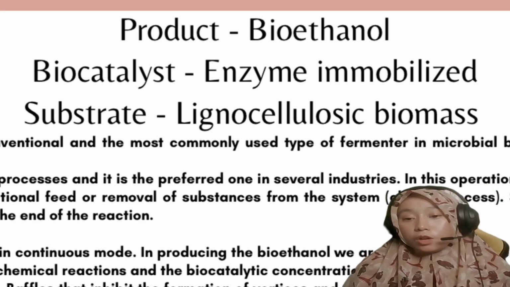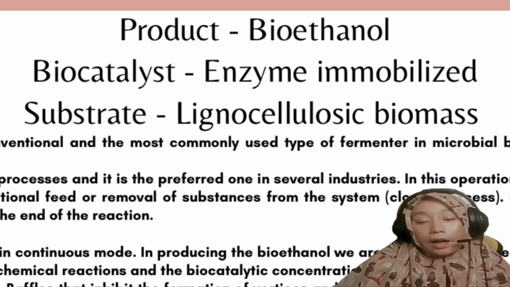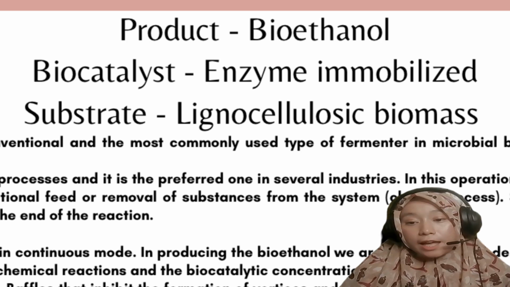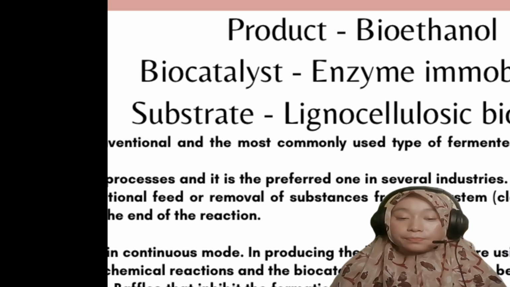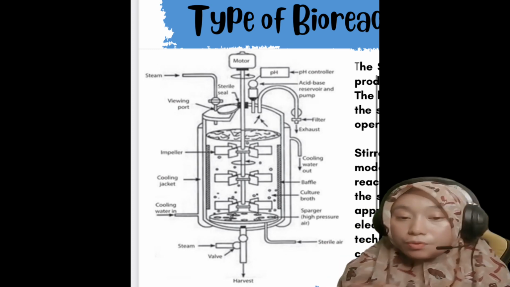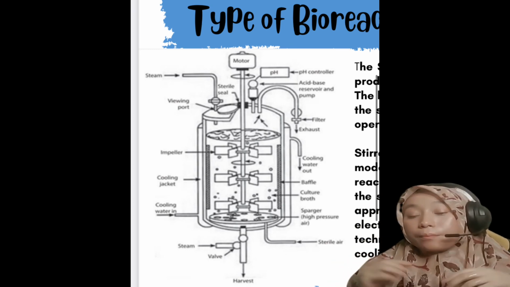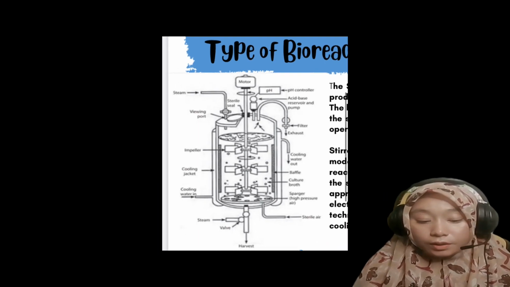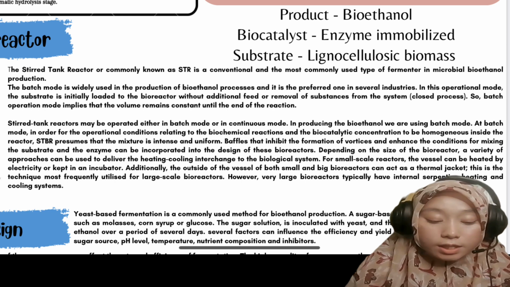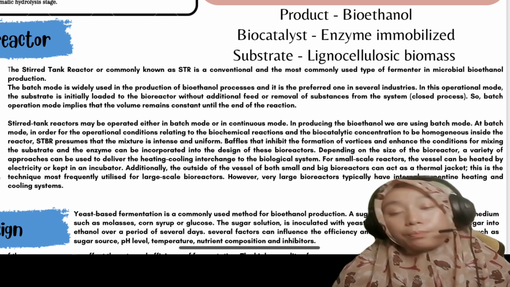Okay, for this mini project, we will produce the product bioethanol using a biocatalyst, which is immobilized enzyme, and substrate, which is lignocellulosic biomass. The type of bioreactor we will use in this mini project is the stirred tank bioreactor, or as we know, STBR. Why do we use STBR? Because they can provide better aeration and mixing properties.